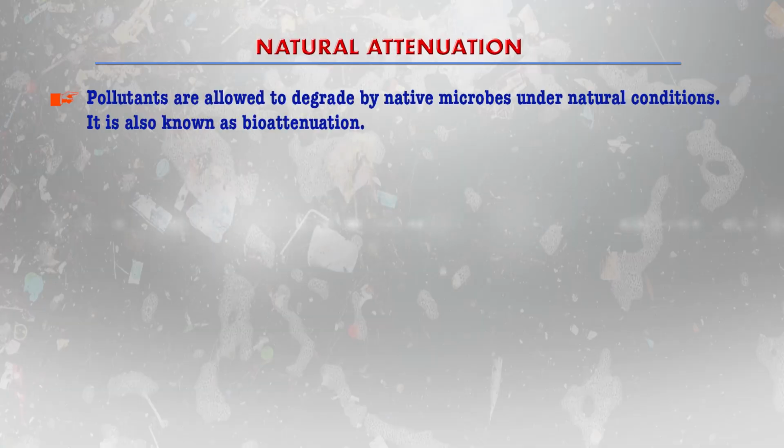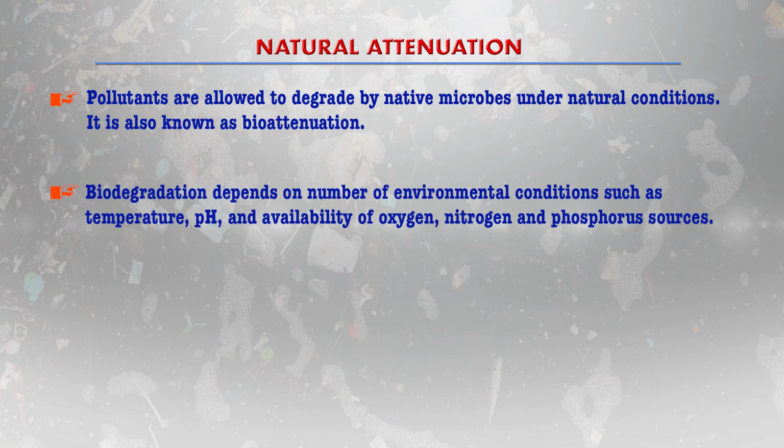So, let us look at what these phenomena are. Natural attenuation is when the pollutants are allowed to degrade by native microbes under natural conditions. They are already degrading, so they are allowed to degrade as such. Biodegradation depends upon a number of factors such as temperature, pH, and availability of oxygen, nitrogen and phosphorus sources.